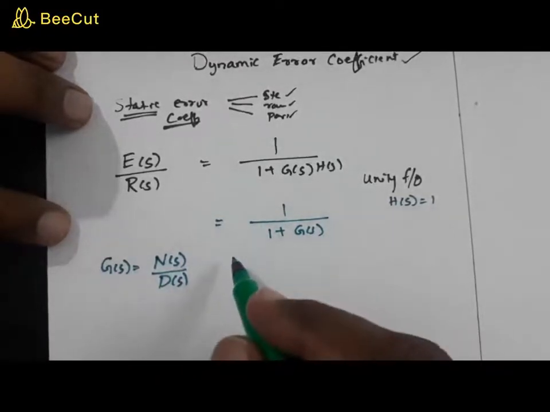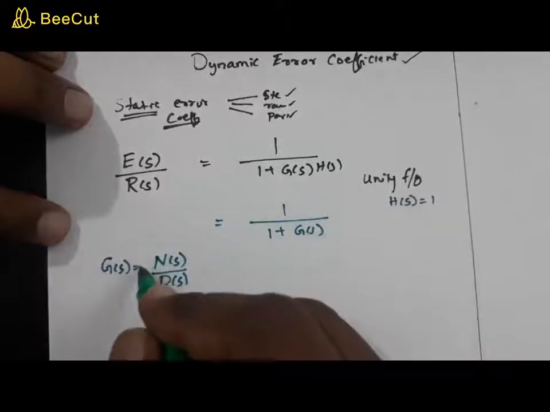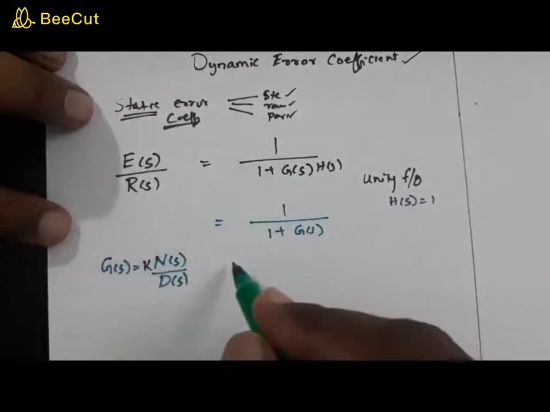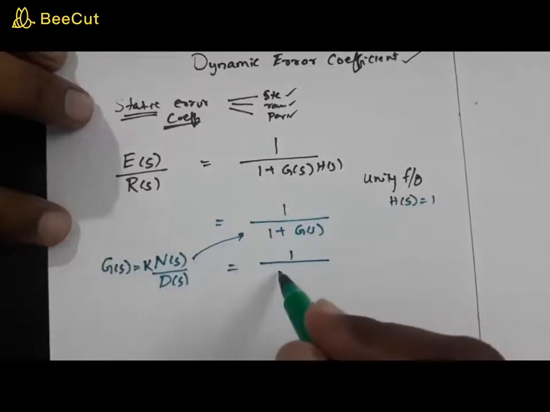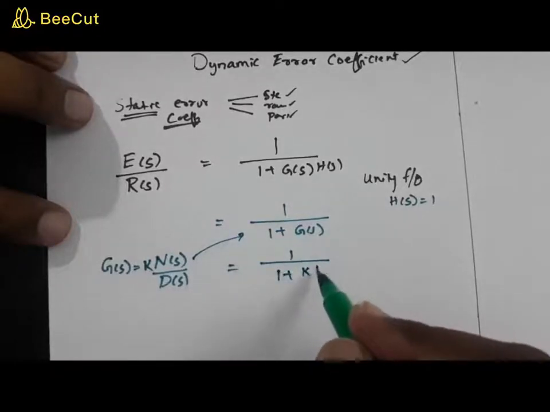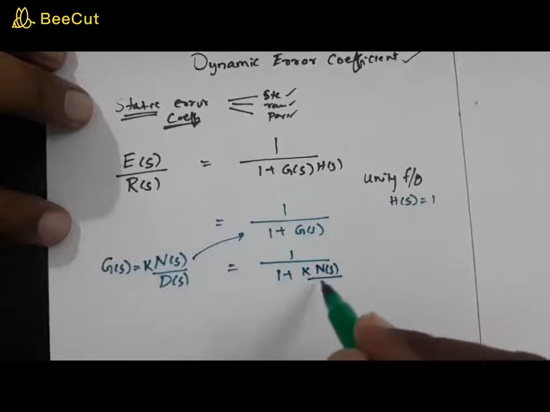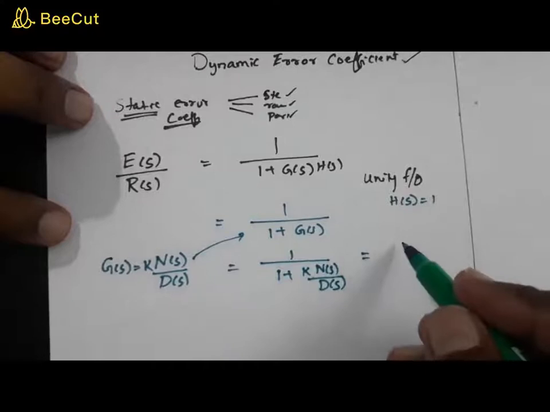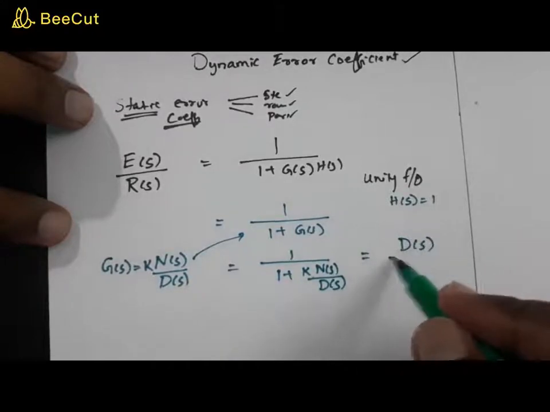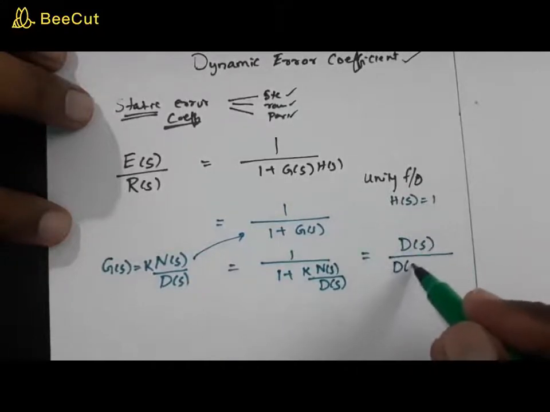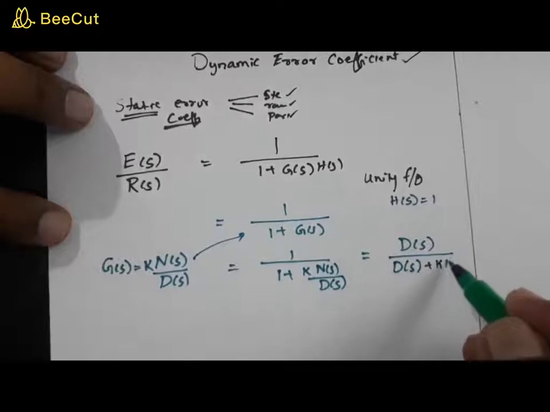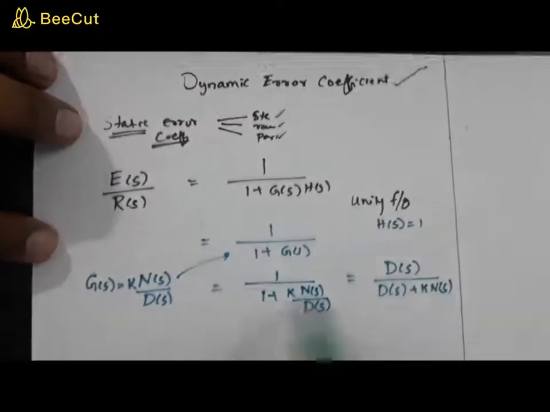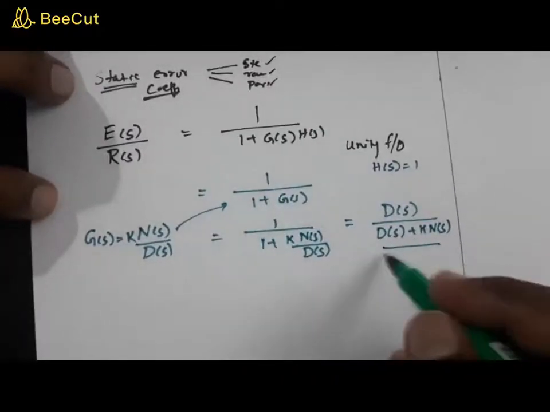Substituting that in this equation, we get 1/(1+K N(s)/D(s)). Or when you take the LCM, you will get D(s)/(D(s)+K N(s)). No problem, right? So this is it.